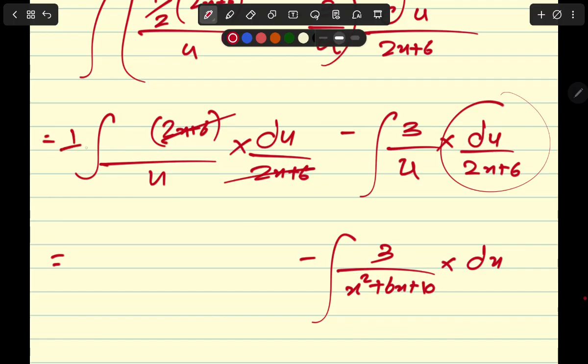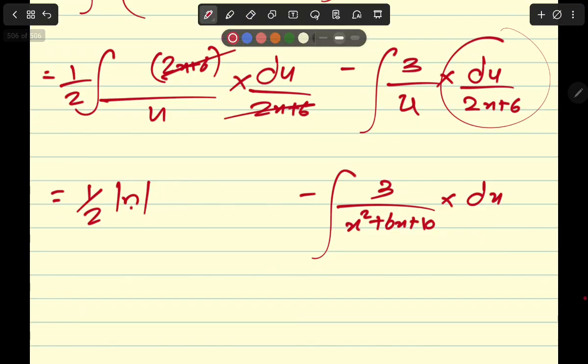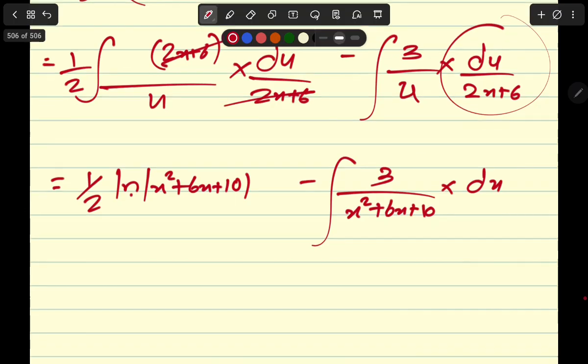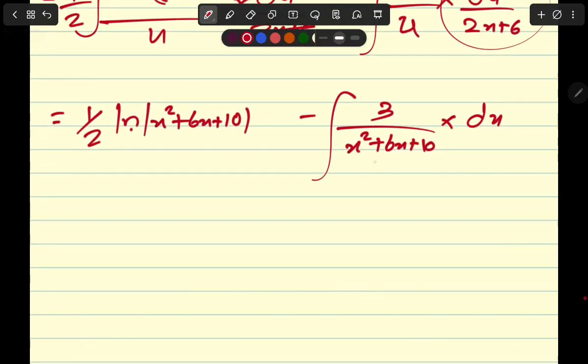Now I'm taking this half outside. So this becomes half of ln u plus c, or I'll introduce plus c towards the end, and u was x squared plus 6x plus 10. Now if I quickly do a completing the square form, this becomes what?